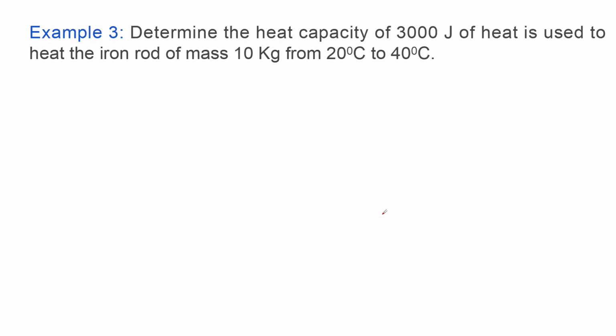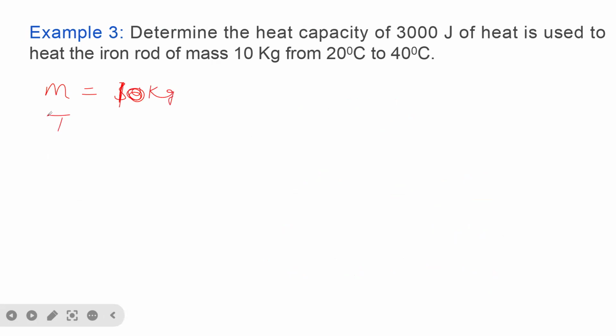So now example 3. Determine the heat capacity if 3,000 joule of heat is used to heat an iron rod of mass 10 kilogram from 20 degrees centigrade to 40 degrees centigrade. So see here, ladies and gentlemen, we have been given, first, the mass, which is 10 kg.